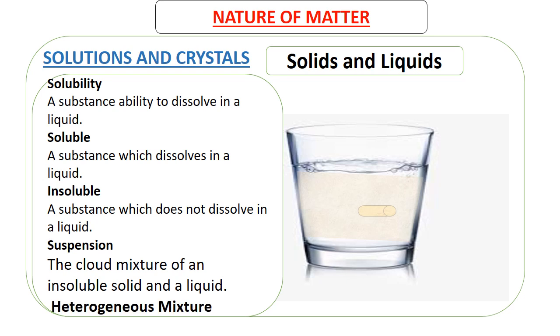Also, it is termed a heterogeneous mixture, or a non-uniform mixture if you prefer. This is because in the end product, you can tell that it's made up of two different things, unlike homogeneous mixtures. So these are the terms: solubility, soluble, insoluble, suspension, heterogeneous mixture.